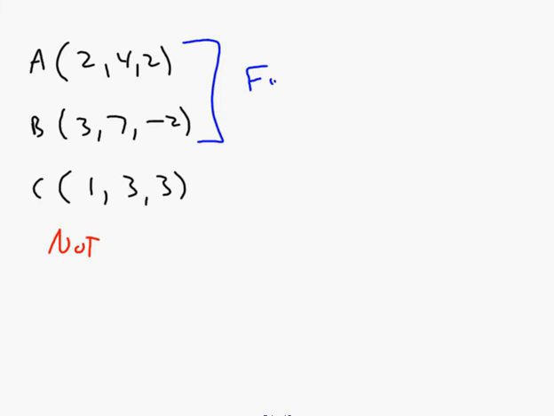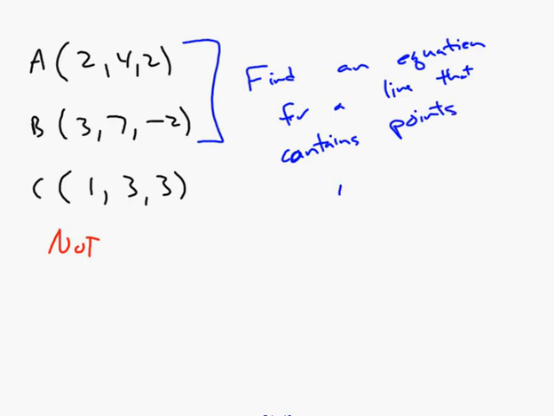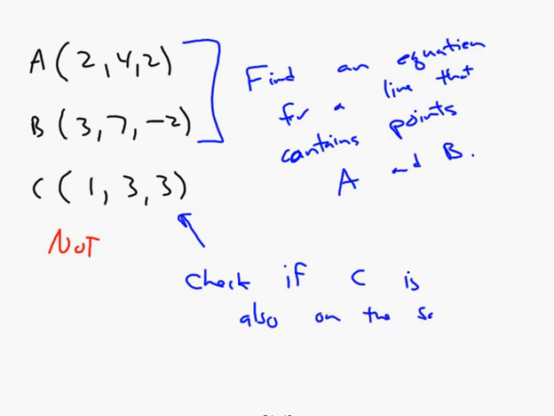Okay. So my plan is going to be this. We're going to find an equation for a line that contains, or passes through, points A and B. And then once we do that, we'll check if C is also on the same line.